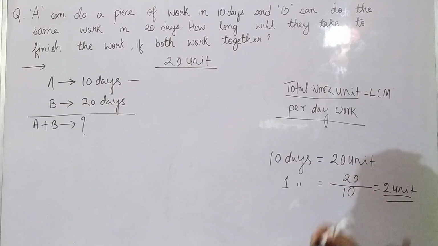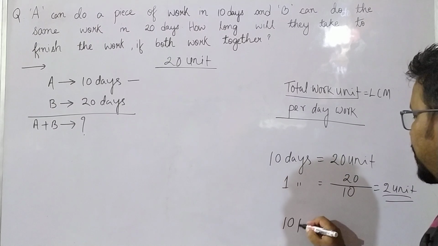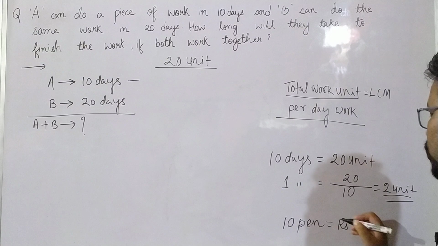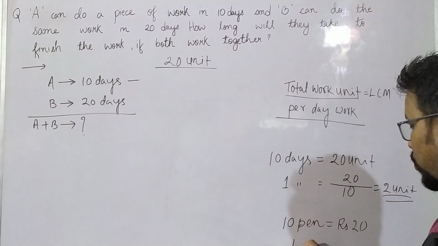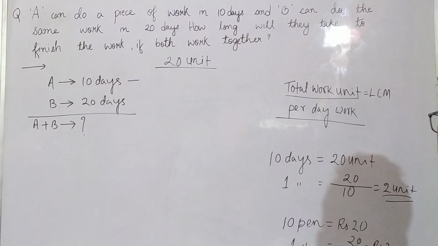Similarly, the cost of 10 pens is 20 rupees. What is the cost of 1 pen? The cost of 1 pen is 20 by 10, that is 2 rupees. This we already know.